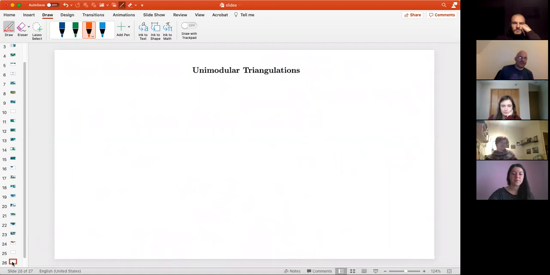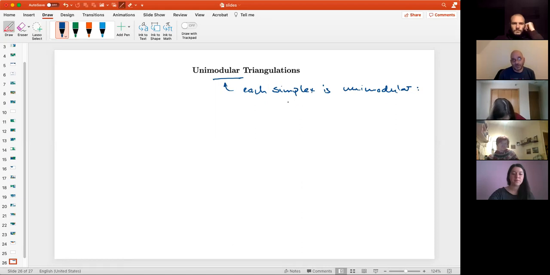Okay, so let's talk about unimodular triangulation. What does that mean? This means that each simplex is a unimodular simplex. And so again, let me remind you what that means.